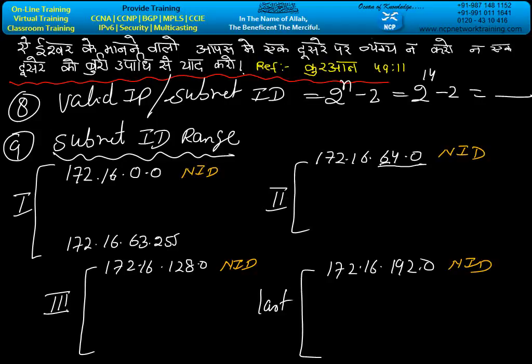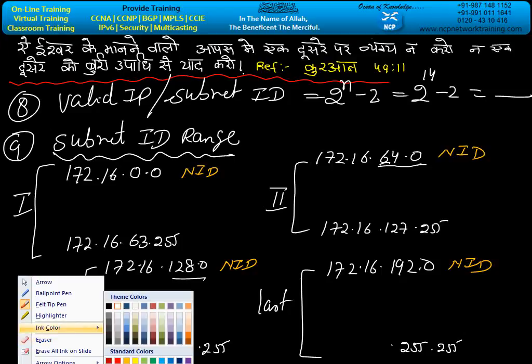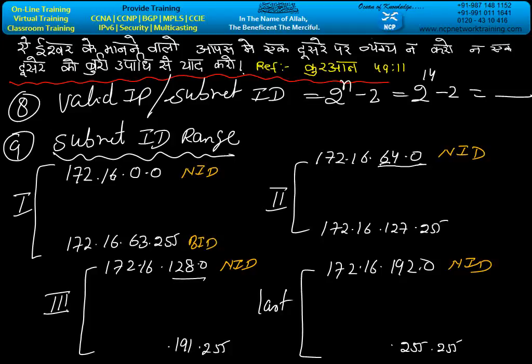And similarly for second subnet, broadcast ID will be 172.16.127.255, -1 from 128.0. And similarly for the third subnet, 191.255, and the last will be 255.255. And we have written broadcast ID for all the subnet IDs. Broadcast ID, broadcast ID, and broadcast ID.